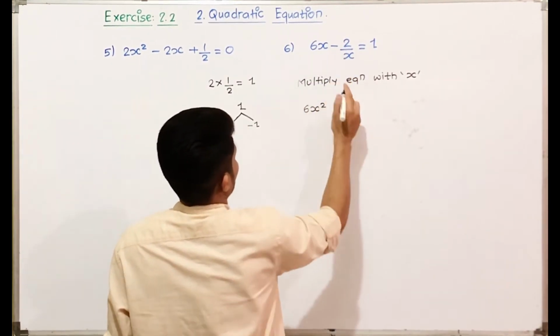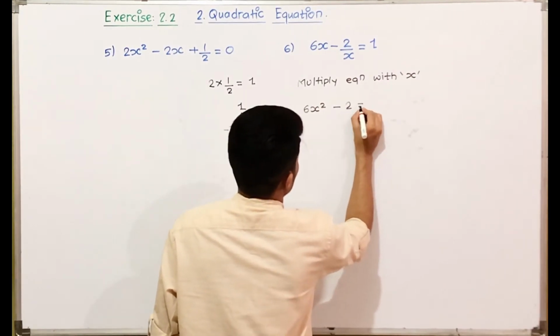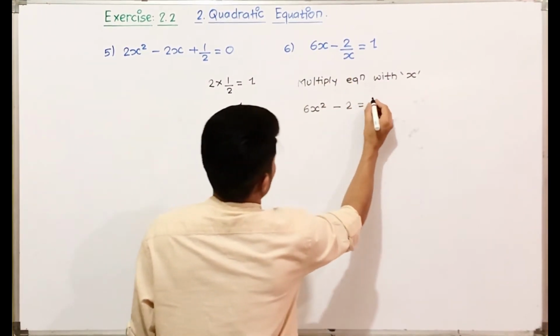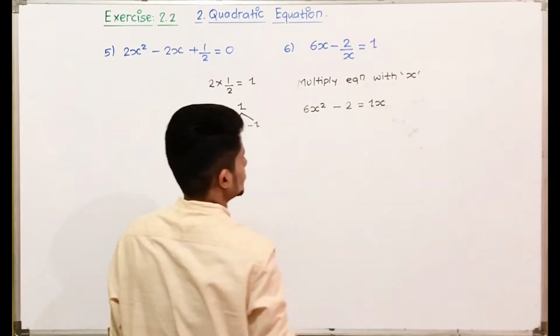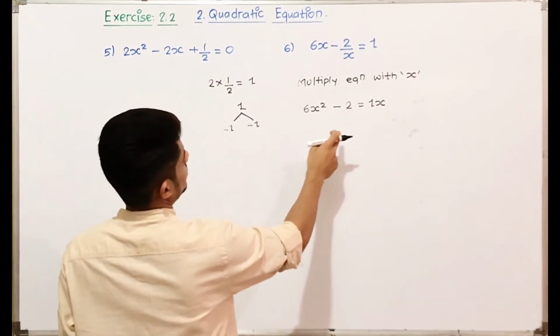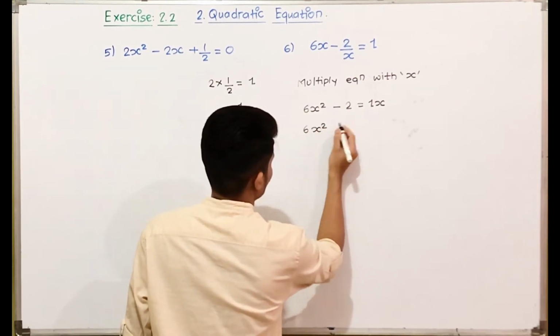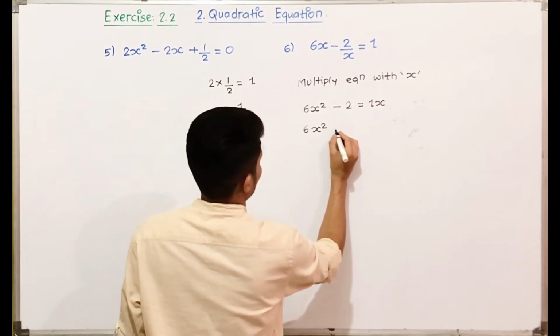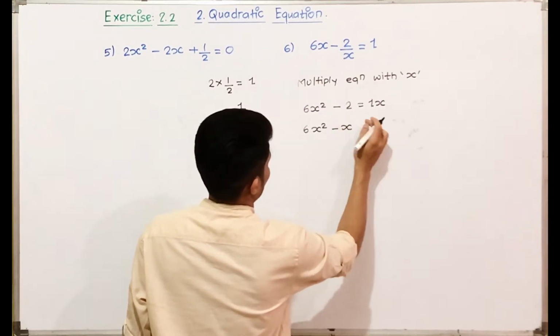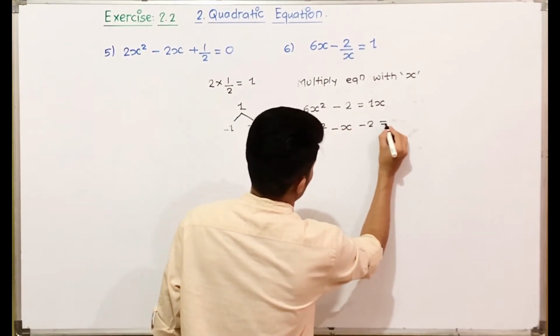X cancel, remaining value is 2 is equals to 1 into x is 1x. Now we'll rearrange it in general form, that is 6x square plus x comes here minus x minus 2 as it is equals to 0.